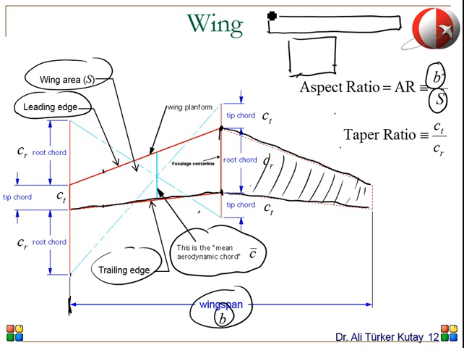Okay, so this has a large wingspan and a certain area, whereas this has a much smaller wingspan. So this is the wingspan of this wing, and it has an area as well. So since this has a much lower wingspan compared to the other one, it will have a small aspect ratio.